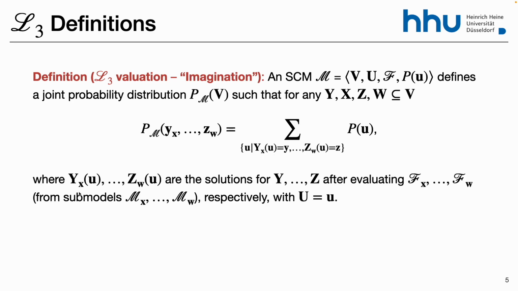So these Y_x, Z_w here are solutions for the same variables, but after evaluating different submodels. You have the model M_x, where you remove the lines for x and make them constant, another model when you change w, and another where you change I don't know what. So you have solutions for different models, different realities with different interventions.